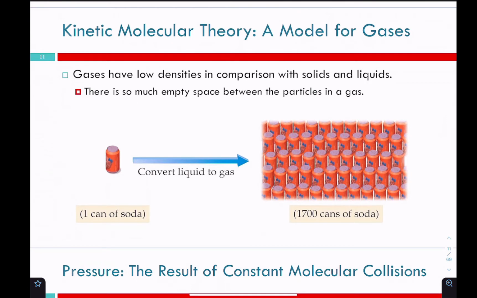In fact, if you took one can of soda, orange soda again, and turned all of it into orange soda gas, you would be able to fill 1,700 cans of soda with that gas. So the volume is often orders of magnitude larger between a liquid and a gas, again because there's so much empty space.